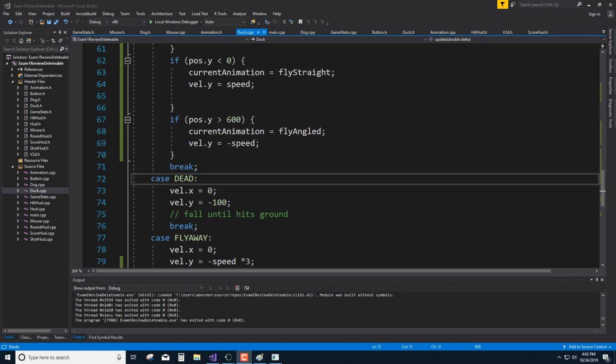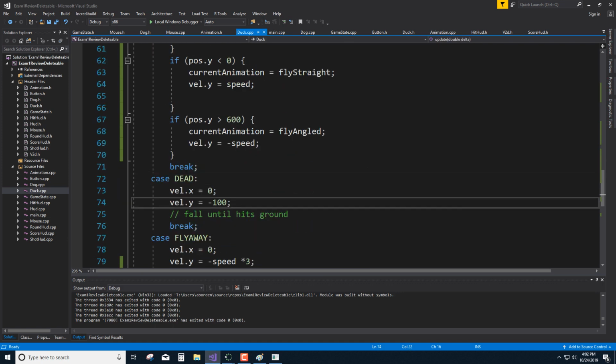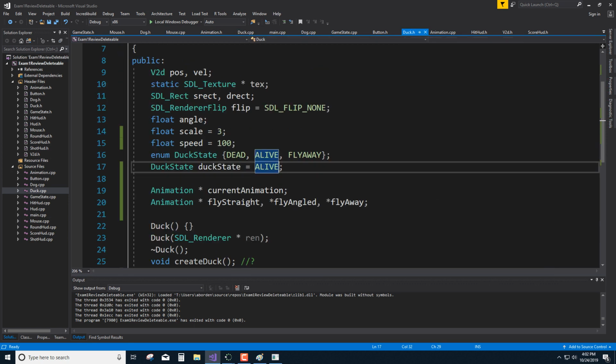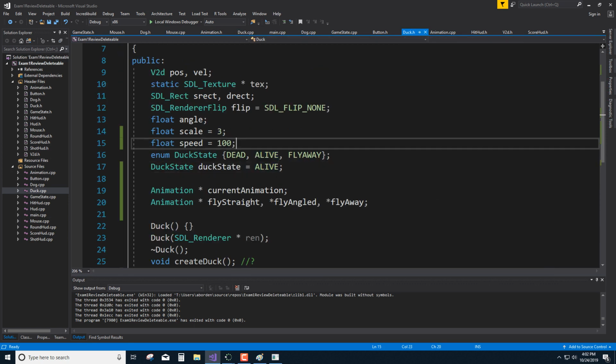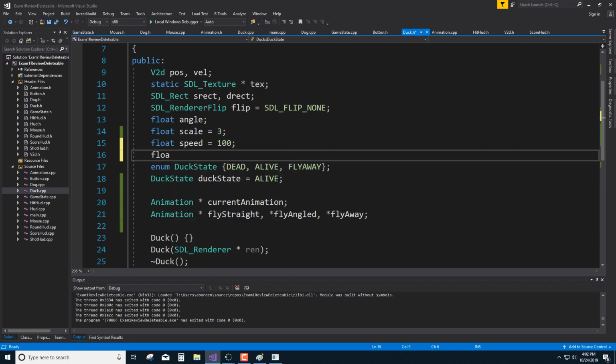All right. Okay, so let's go to the duck and make a state timer. Make a float state timer equals 0.